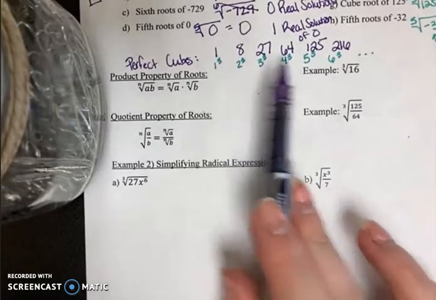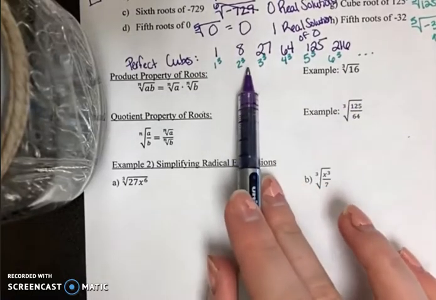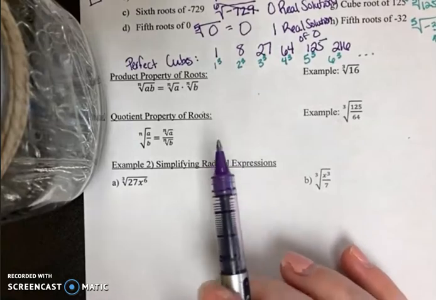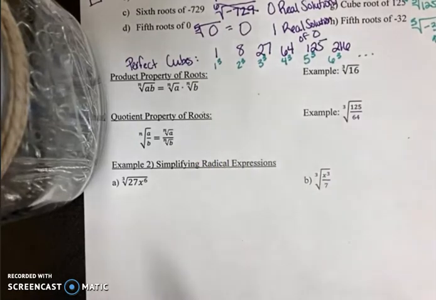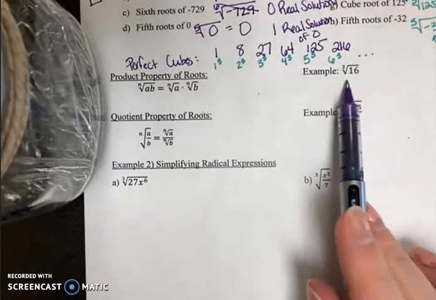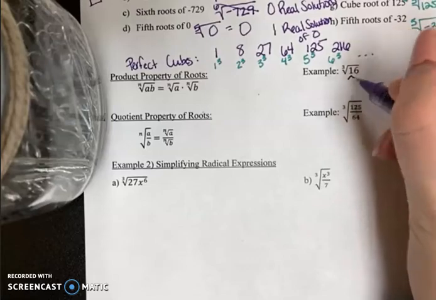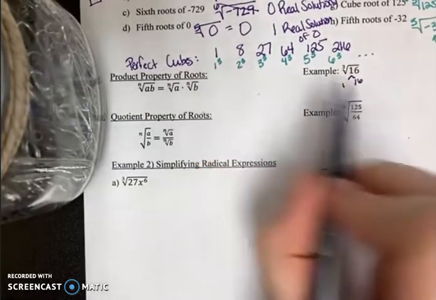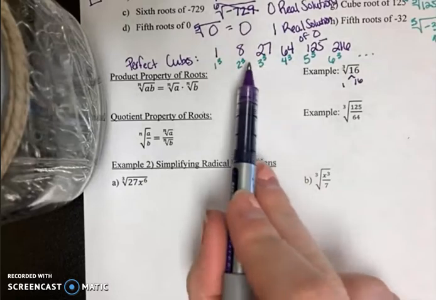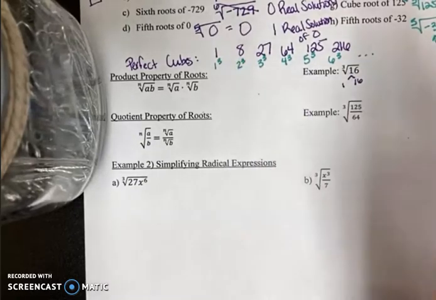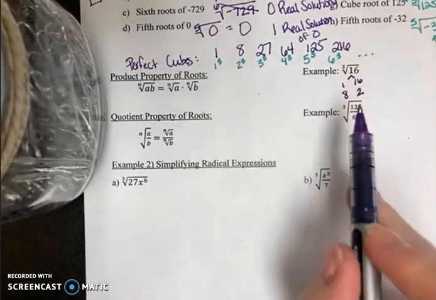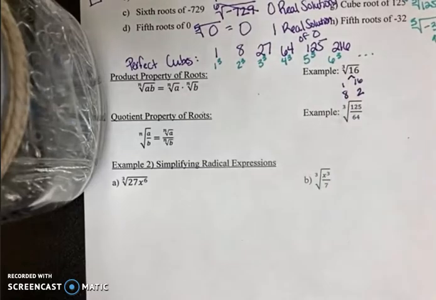So when I'm looking at cube roots, I want to look at the factors that are greater than 1 that are perfect cubes. We'll start with 16. The cube root of 16, its factors are, well, 1 and 16, but that wouldn't really help us to pull out that perfect cube. 8 is a perfect cube, and 16 can be rewritten as 8 times 2.